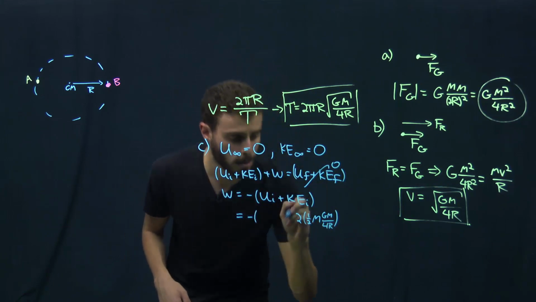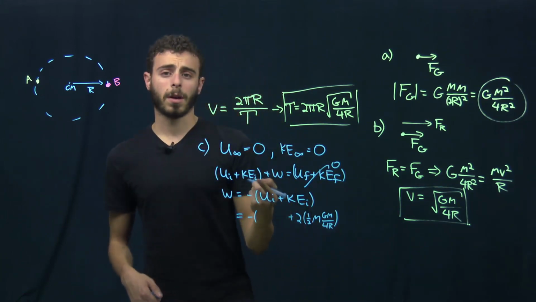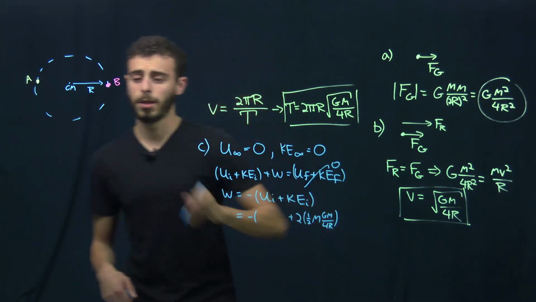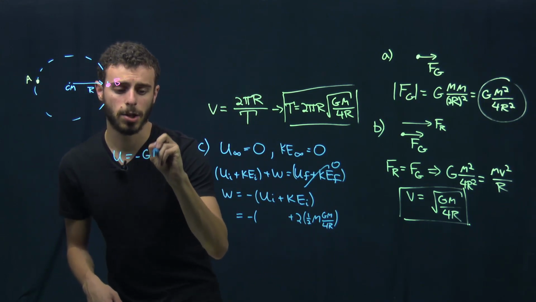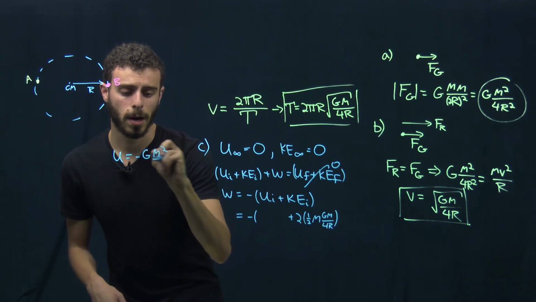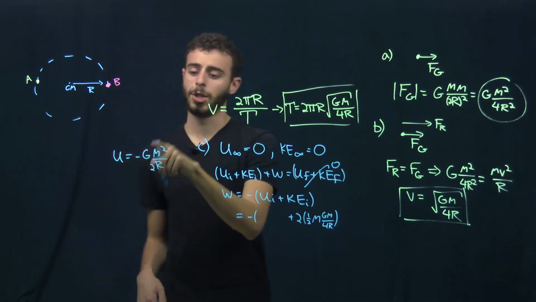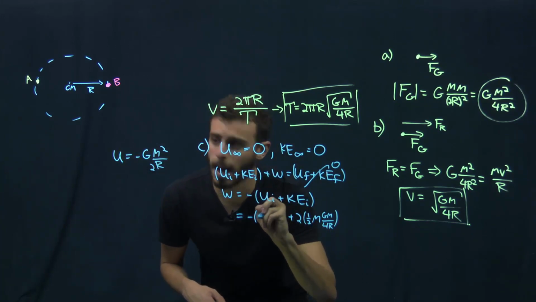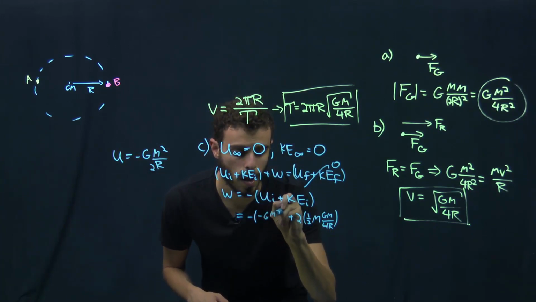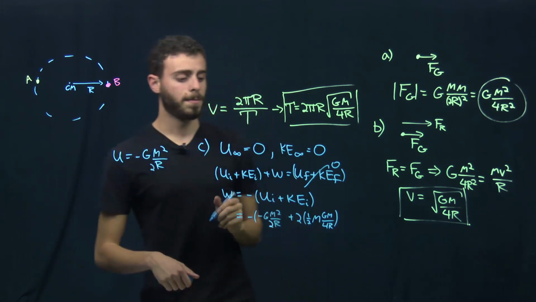So we have that as our kinetic energy term, and now we can recall the form of our potential energy, and that is to say the potential energy is minus GM squared all over r, right? This is minus GM times M over r. So we can plug that in down here, and we get minus GM squared over r.